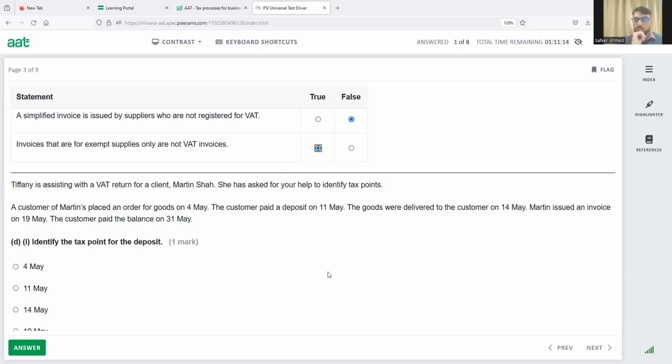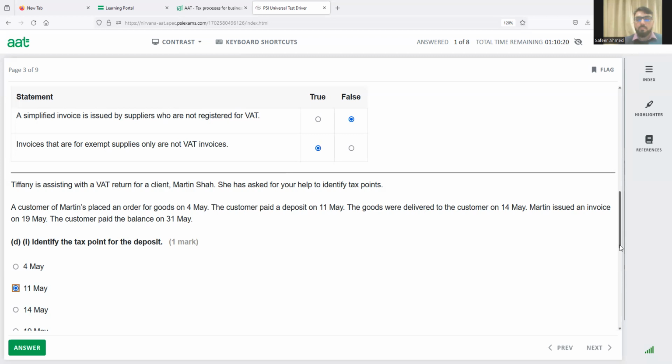First of all, for the deposit, if the deposit is made before the basic tax point, which is the date when the goods are delivered, collected, or made available to the customer, and in this situation the goods were delivered on 14th of May, then the deposit payment date will become your actual tax point. So the actual tax point for the deposit will be 11th of May. Identify the tax point for the deposit. So we determined that's 11th of May.